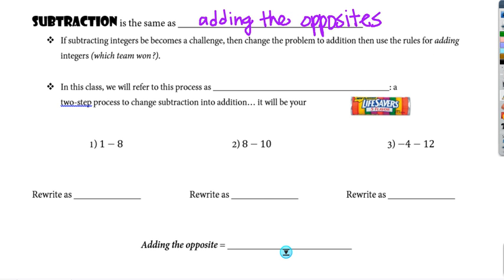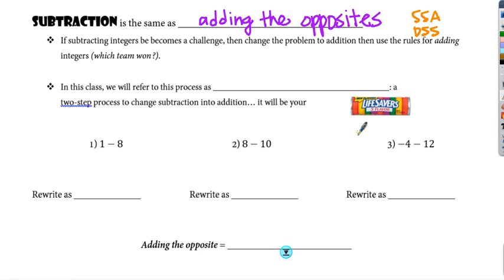So, like I said, remember the rules for adding integers: same sign we add, and different signs we subtract. Remember those two rules? Right. So basically for subtracting integers, we can still use these rules again by changing all of the subtraction problems into addition problems.